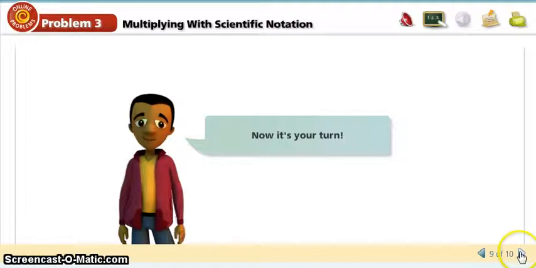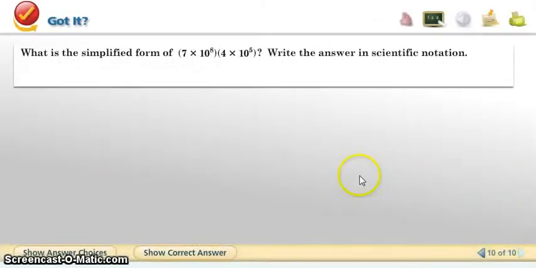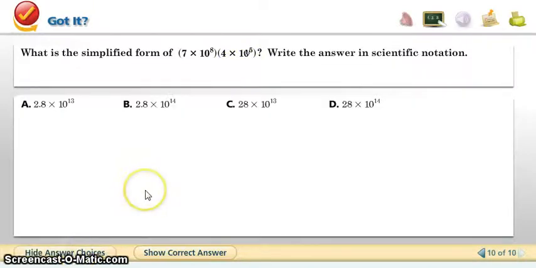Now it's your turn. Here's your problem. Again, rearrange the order, change the grouping to group together the things that are common that you can simplify. And then make sure that once you've simplified it, the number that you have out front in your scientific notation is actually in correct scientific notation form.